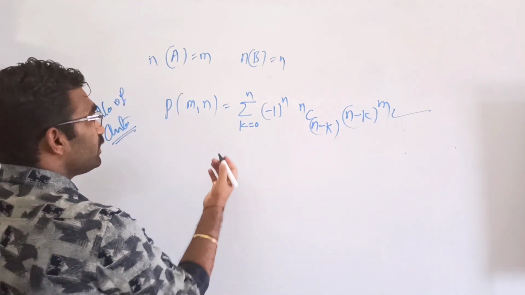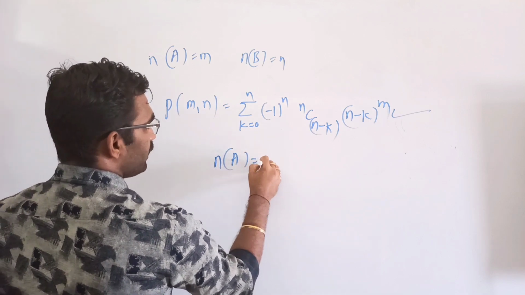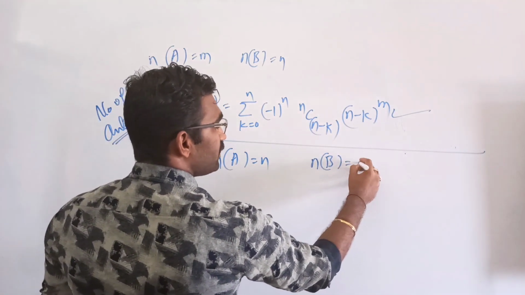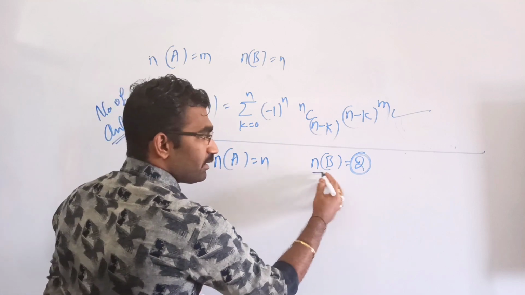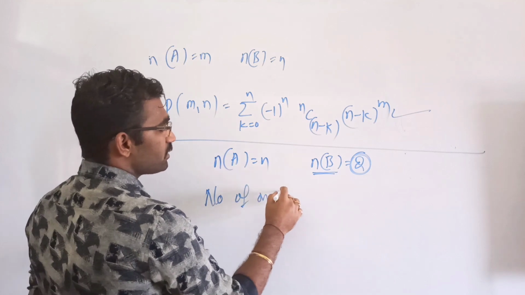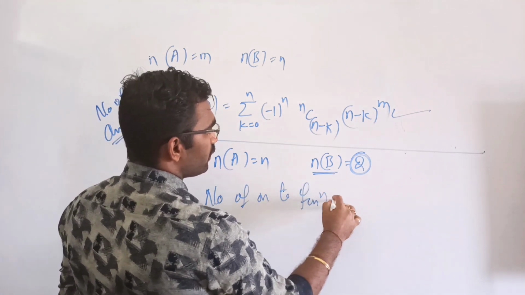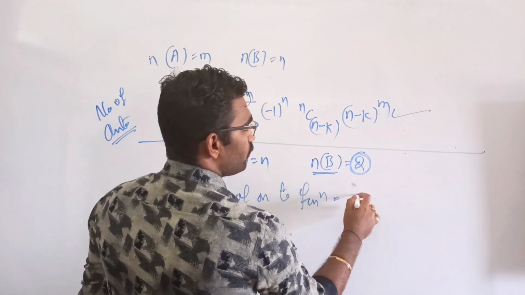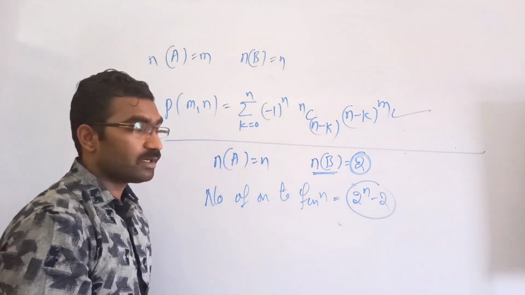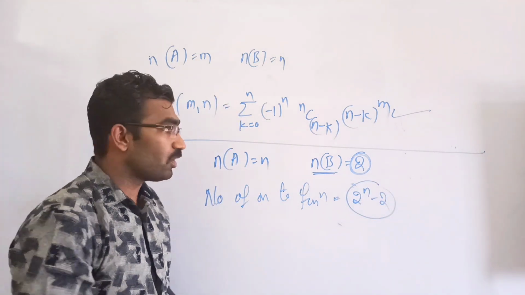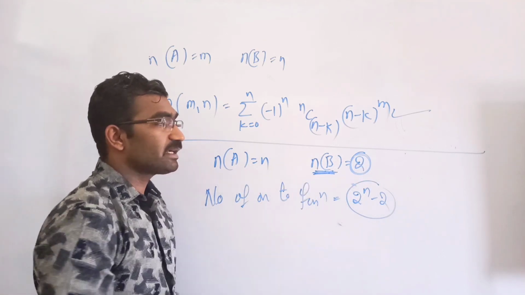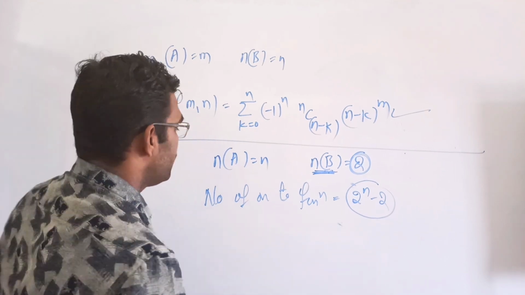If the set A has n elements and the set B has only 2 elements, then there is a formula to find the number of onto functions: 2 raised to n minus 2. This is the formula to find the number of onto functions when the codomain has only 2 elements. Based on this technique, they have asked one question in a previous year that we are going to discuss now.